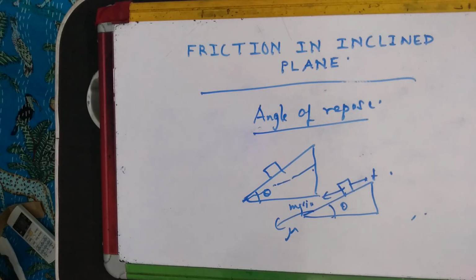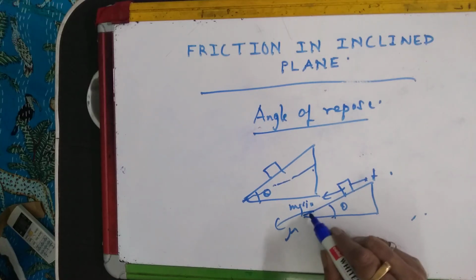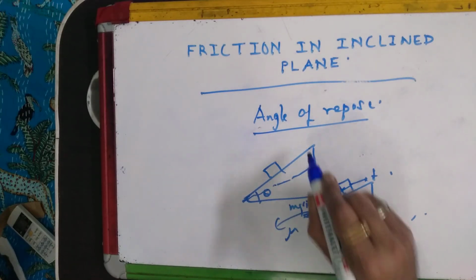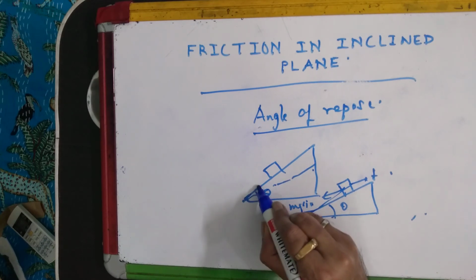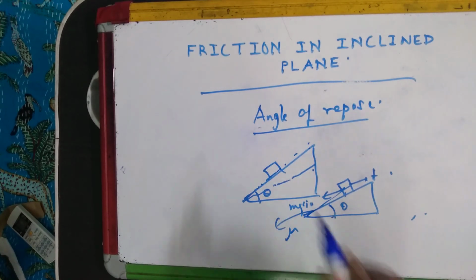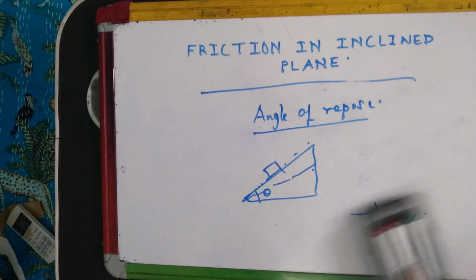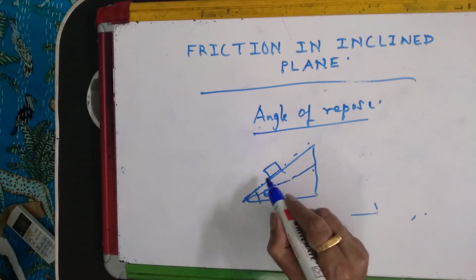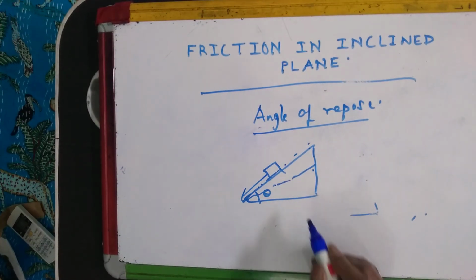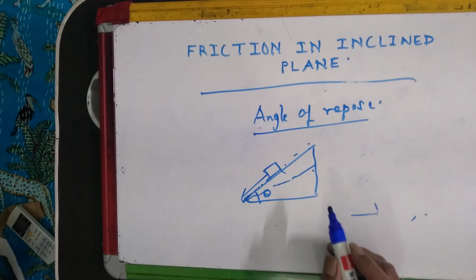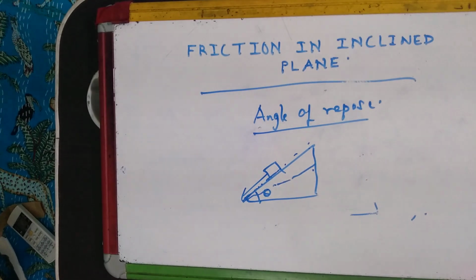If the body is at rest, the friction force upward is equal to mg sin theta downward. Now if I keep on increasing the angle until I reach an angle beyond which, if I increase it by even 0.1 degree, the body would no longer be at rest, that particular angle is called the angle of repose.